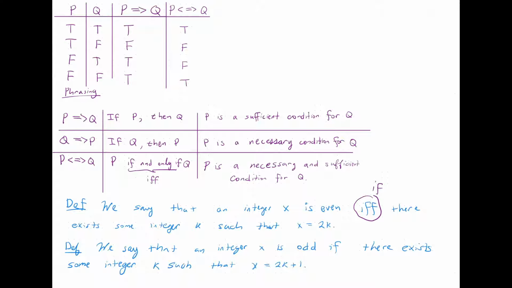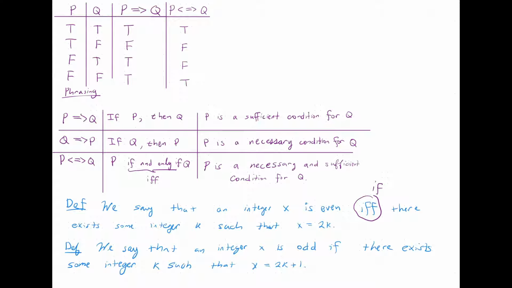And so we have our definition of what it means to be odd. And once again, we use if, but we really mean if and only if. And so that's the only exception in mathematics where we write if. It is taken to be an if and only if, and we drop that extra f.